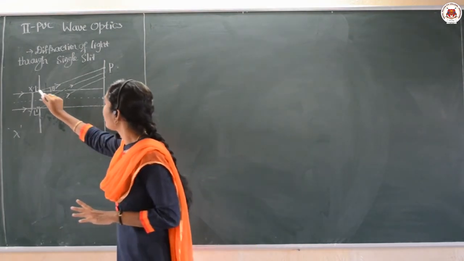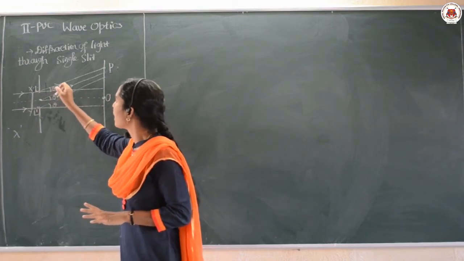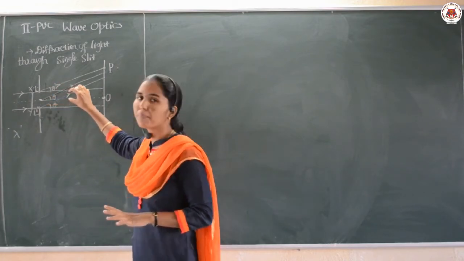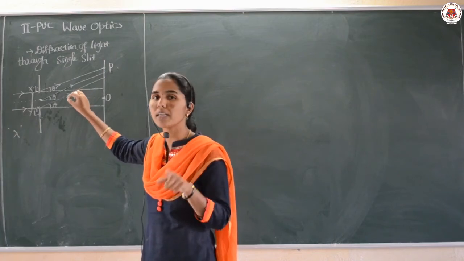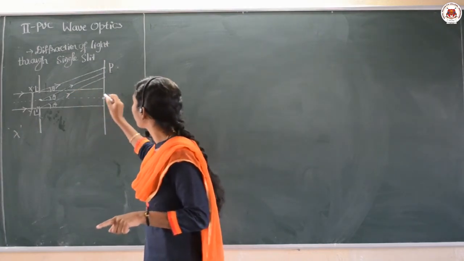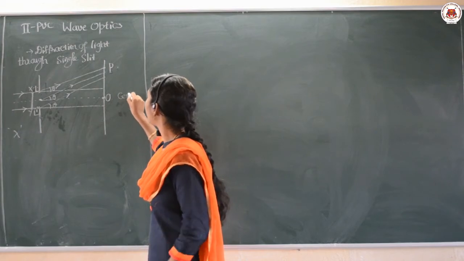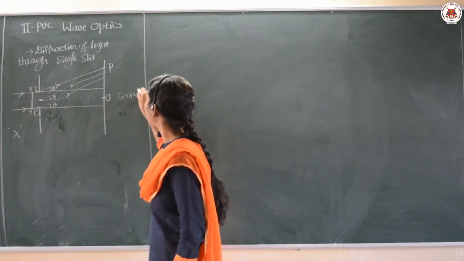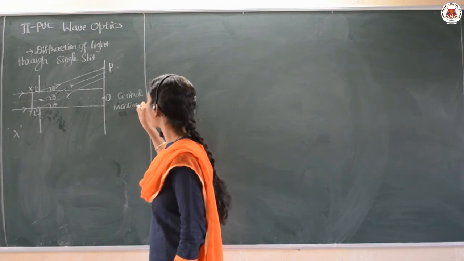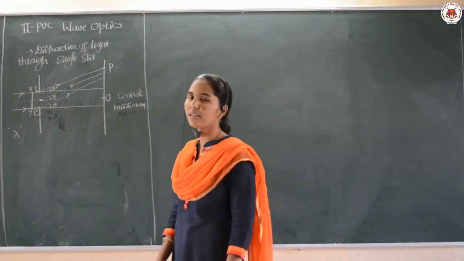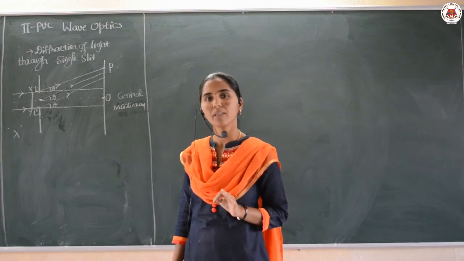Therefore, the secondary waves coming from the plane wavefront xy will superimpose on each other. If they have zero phase difference, then if they meet at the point O here, this gives me the central maximum band. What is that? The band which is formed at the center of the fringe is called the central maximum, right.